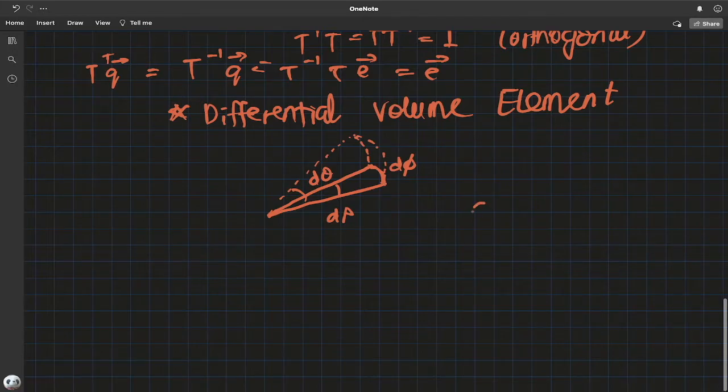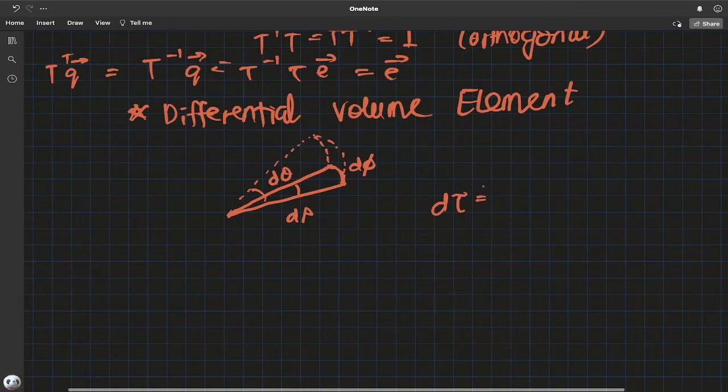And d tau is the product of all the scaling factors. For rho, the scaling factor was 1. For theta, the scaling factor was rho. For phi, the scaling factor was rho sine theta. So rho squared sine theta d rho d theta d phi, that is your volume element.